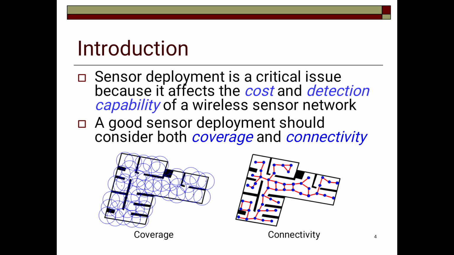The two main things are coverage and connectivity. These two things are to be ensured. So coverage means the whole office needs to be covered.